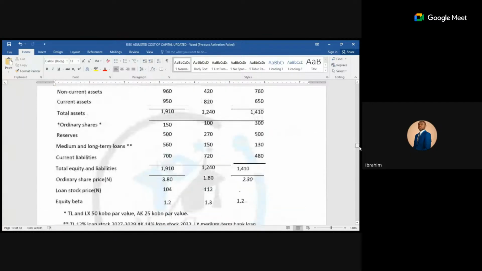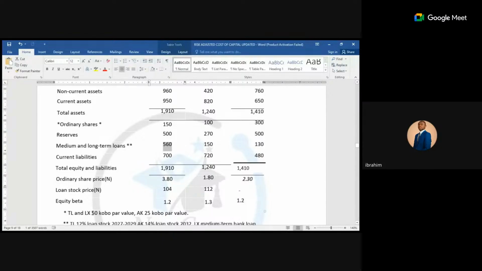The same way we did, that is TL, right? So can you see this is 560? Is that not so? So 560 divided by 0.5, is that not so, class? Yes, sir. Okay. Times the market price of 3.8.